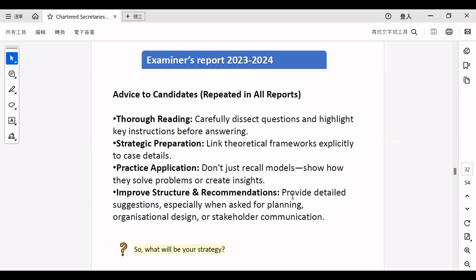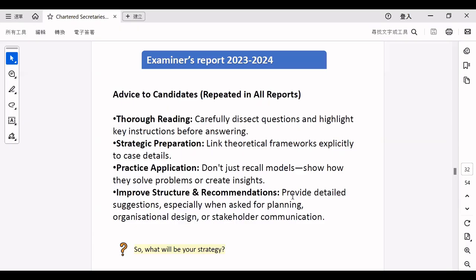Maybe the examiner wants to see how you communicate with the stakeholders. What are the methods and how do you do this? What is your approach to communicating with the stakeholders? Many candidates just give very superficial answers, and that is not enough. Sometimes you need to justify your answers, and sometimes you have to provide more detailed explanations.